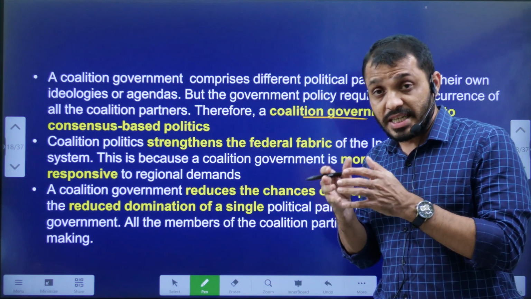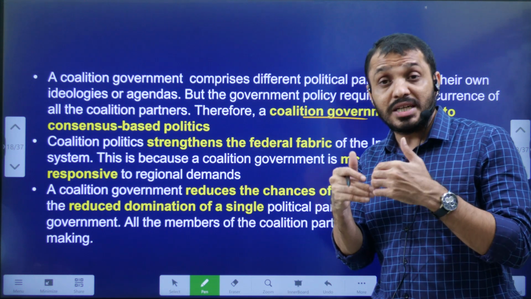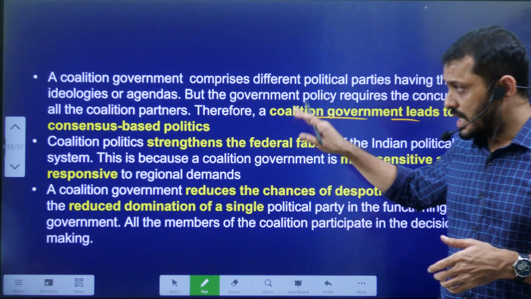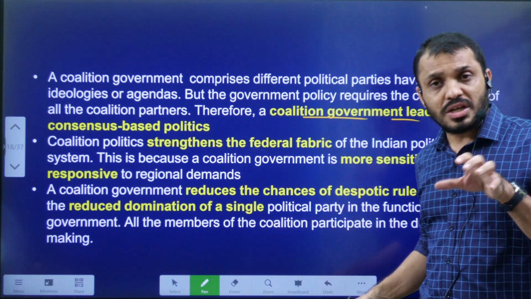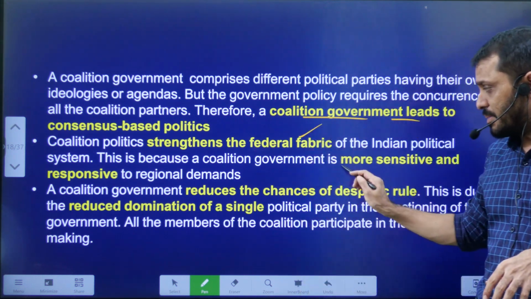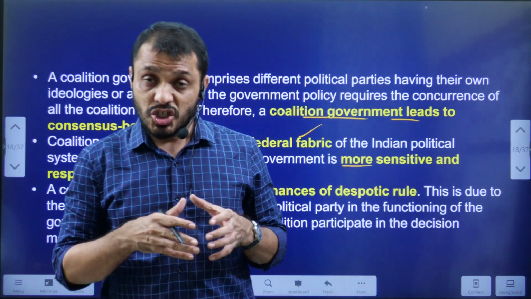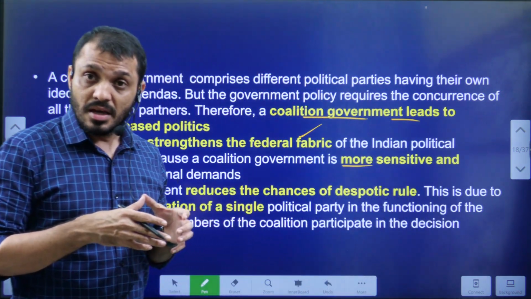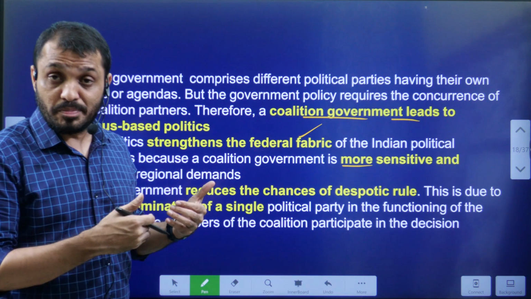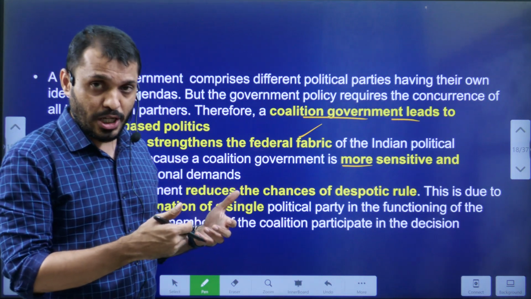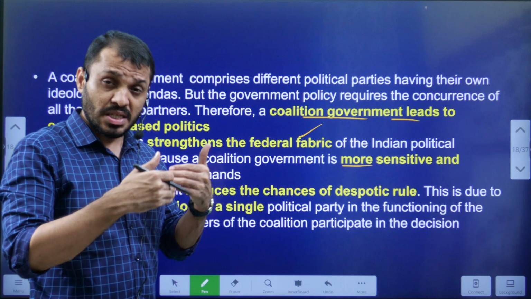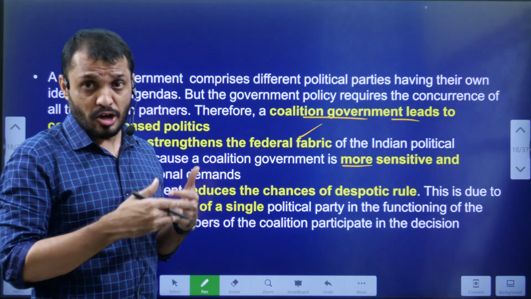That means dictatorial or authoritarian tendencies in the government will be very low. A coalition government will strengthen the federal fabric, because in a coalition government you will see a majority chunk of regional parties, since respect for regional parties must be there. So center-state relations will be respected a lot.